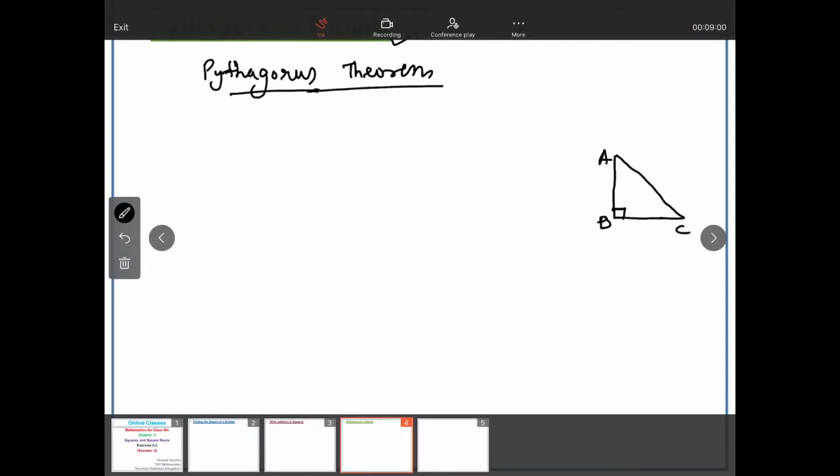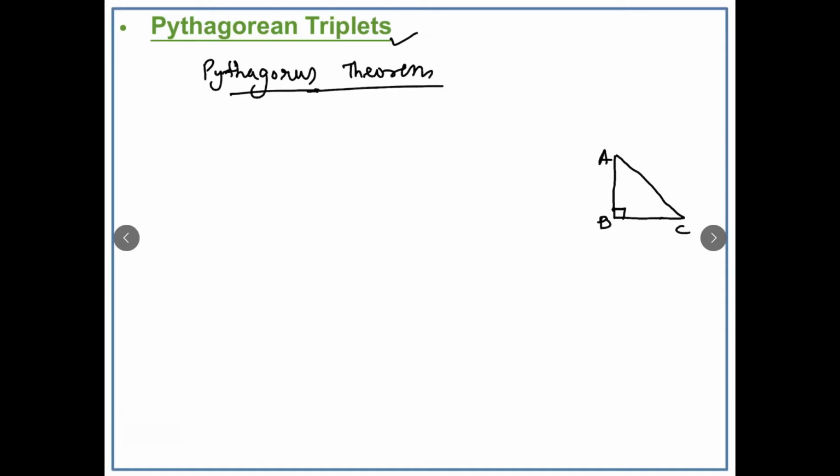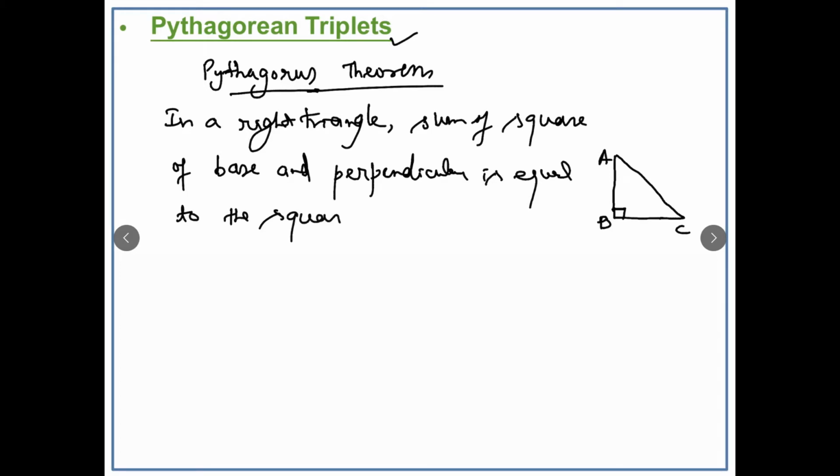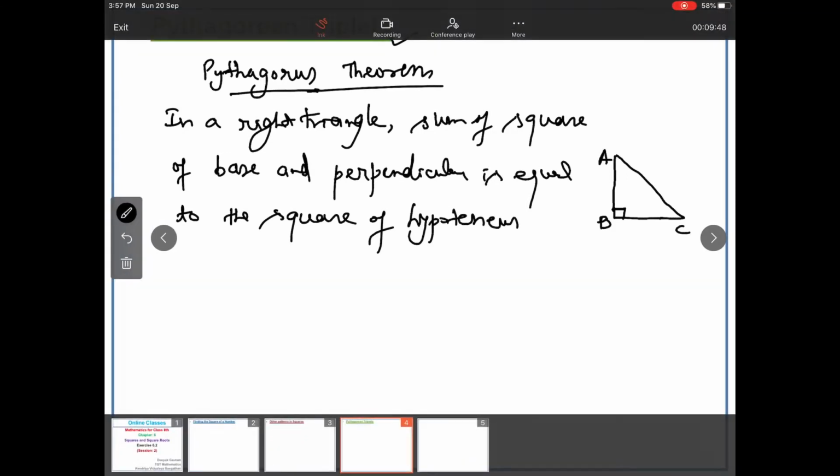So we have right triangle ABC, right angle at B. Pythagoras theorem says, in a right triangle, the sum of the square of the base and perpendicular is equal to the square of the hypotenuse.